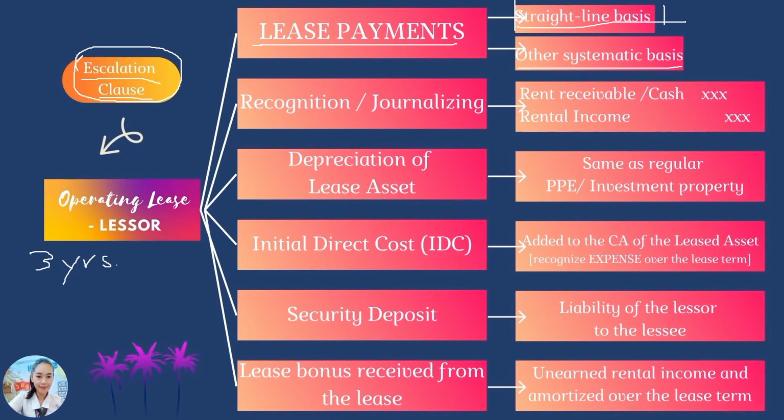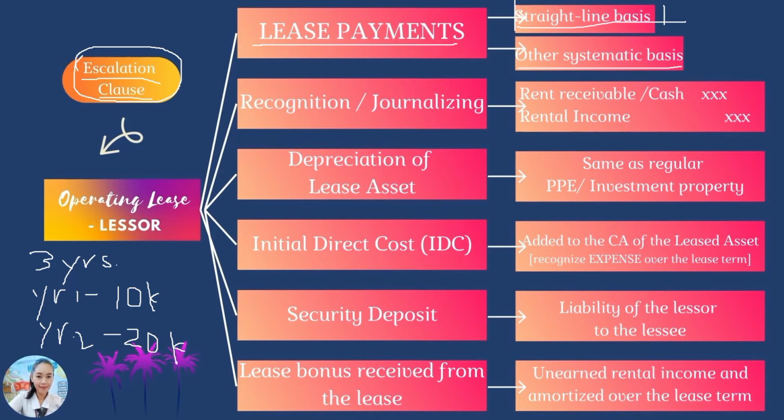Year 1, the annual rental payment received by the lessor is say 10,000, and then in year 2, there is an increase, so it went up to 20,000.